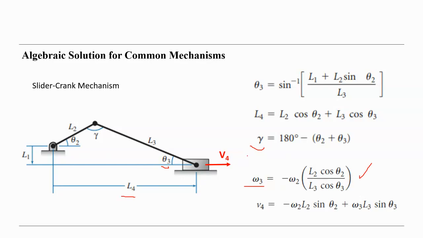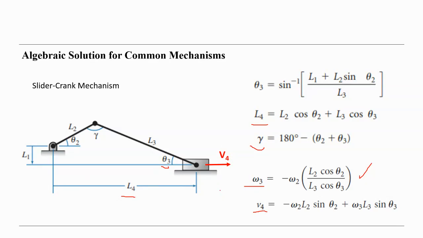And if we apply the first time derivative for the L4, this is the length here, this is the length or position, let's say. The first time derivative of this position gives us the V4, I mean the V4 we are looking for.